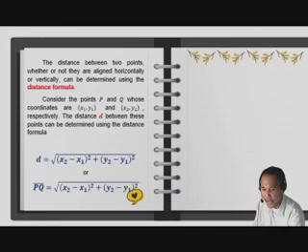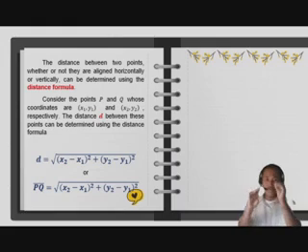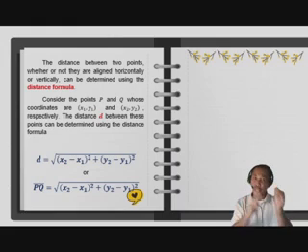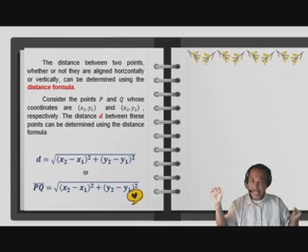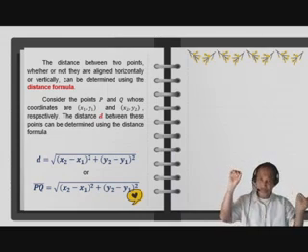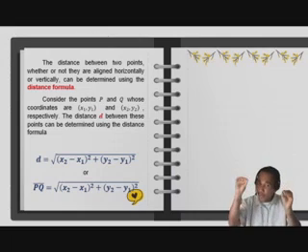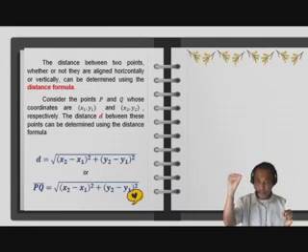So, mayroon tayong D is equal to the square root of x sub 2, or the second point. Because class, mayroon tayong dalawang point. So, point 1, point 2, yun ang kukunan natin ng distance. So, therefore, mayroon tayong x sub 1, x sub 2, y sub 1, y sub 2. Because sa point 1, mayroon tayong x sub 1, y sub 1.